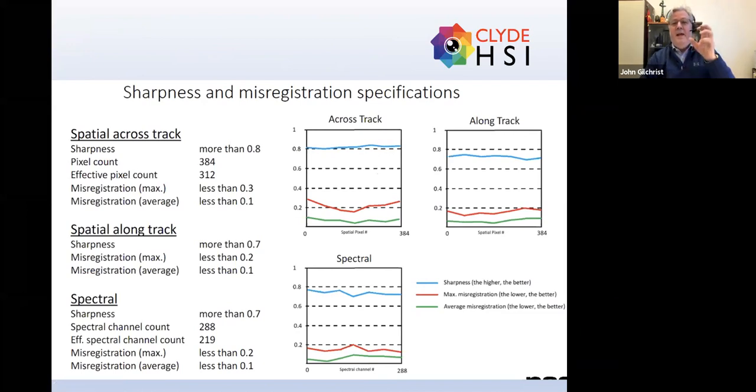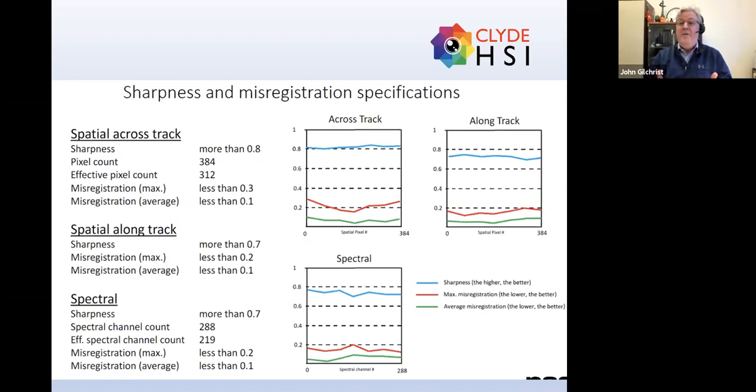That means that the energy that is recorded by the pixel is concentrated more in that pixel, or not more in that pixel. The misregistration is the bottom two graphs, where we have a maximum misregistration value and an average misregistration value. So the lower the value in misregistration, the better the registration quality is.